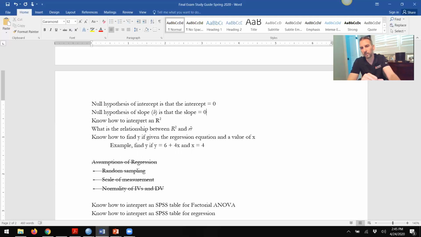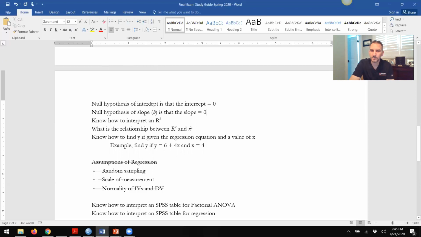And the null hypothesis of the slope is that the slope equals 0. Just keep in mind again that the null hypothesis is always nothing, right? It's a 0.